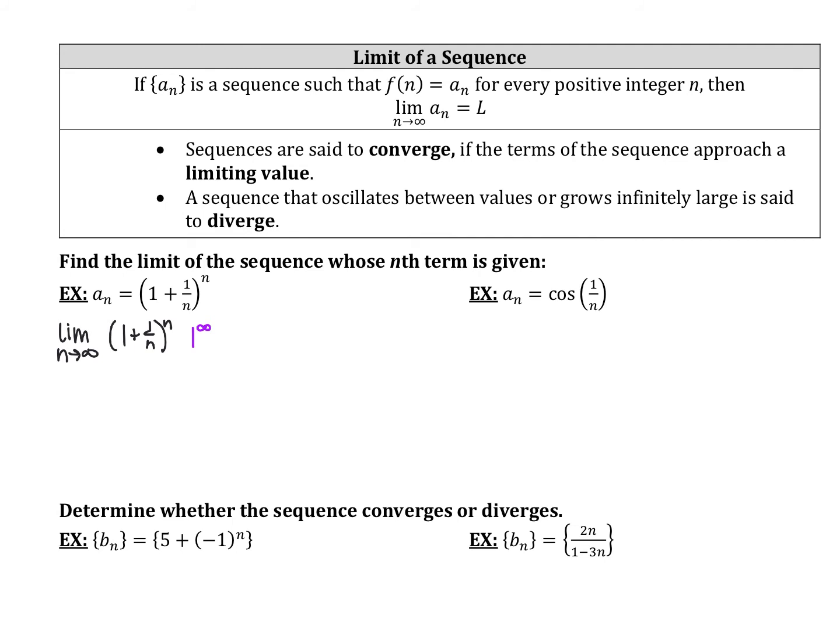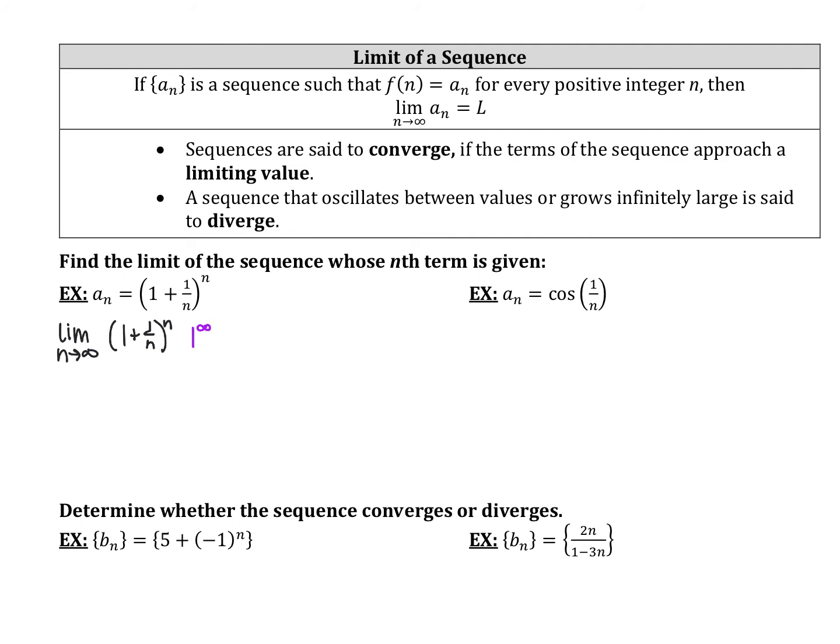So remember, before I can get it L'Hopital ready, I need to be able to turn it into a form that can do that. So with 1 to the infinity, the first thing that I'm going to do is take the natural log of this limit.